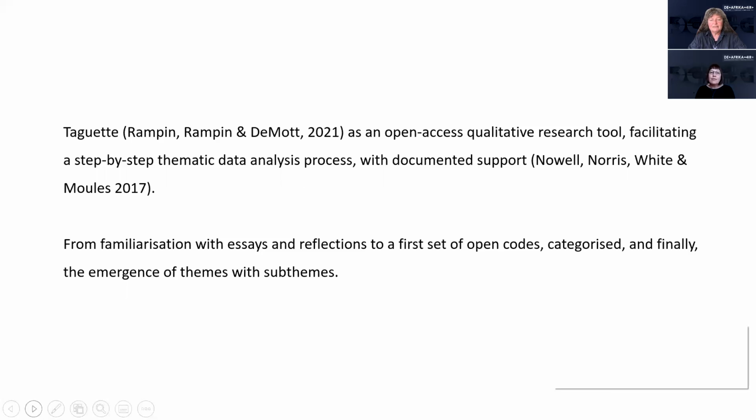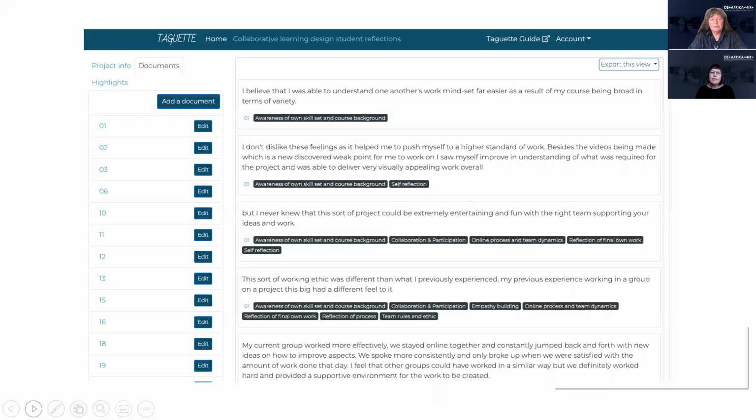It basically is an inductive, open coding type of environment where you input all your data, and then you identify words that would tag onto specific meanings and highlights that you identified yourself.